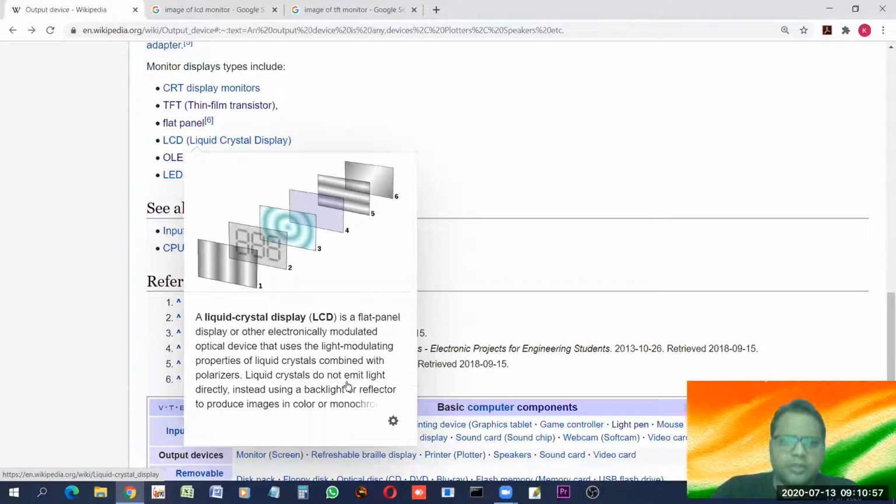Liquid crystal does not emit light directly, instead using the backlight or reflector to produce image in color. So this again is a very technical statement. In short, liquid crystal display is similar to what you see in the calculator, and in watches you may have seen this liquid crystal display.